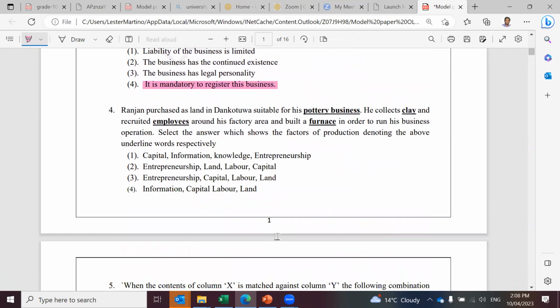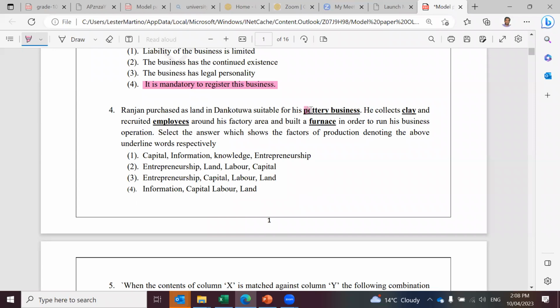Ranjan purchased a land in Dankotuwa suitable for his pottery business. He collects clay and recruited employees around his factory area and built a furnace in order to run his business operations. Select the answer which shows the factors of production denoting the above underlined words respectively.